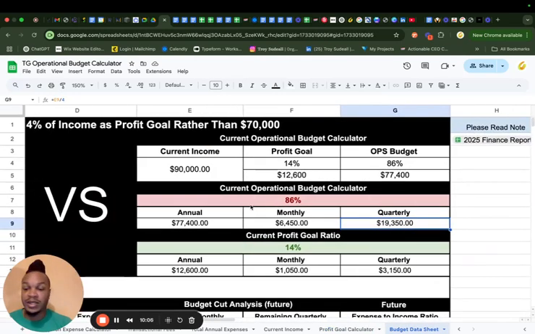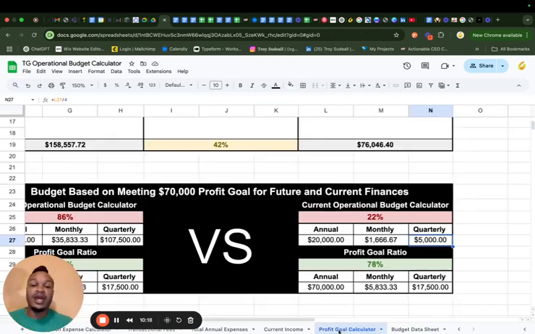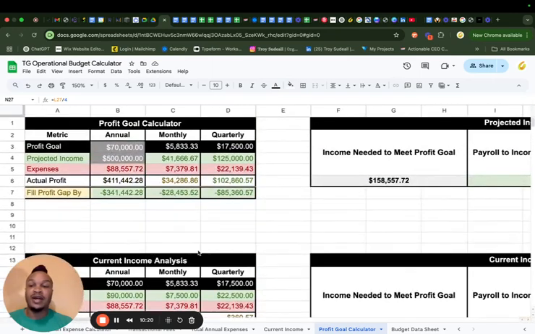So already we're seeing the benefit of building up towards our goal by percentage, by practicing operating under a certain percentage and saving the rest of that percentage to meet our goal. And we did that by acknowledging, again, we started here. We want 70,000 profit, but we want to make 500,000 gross because we want to give ourselves raises.